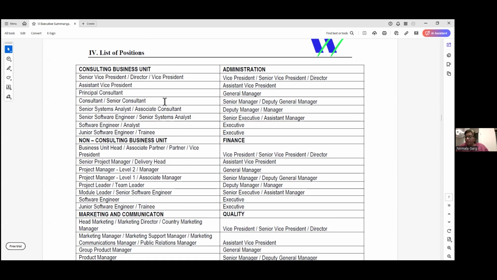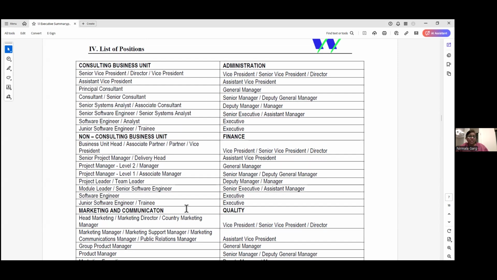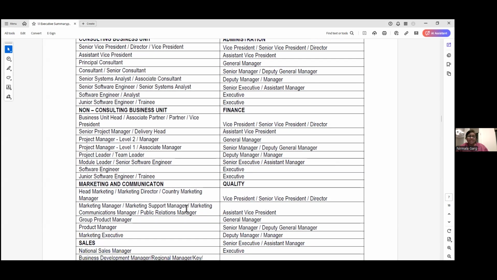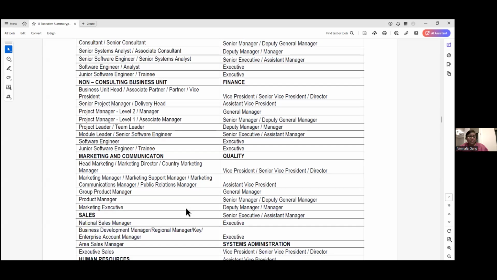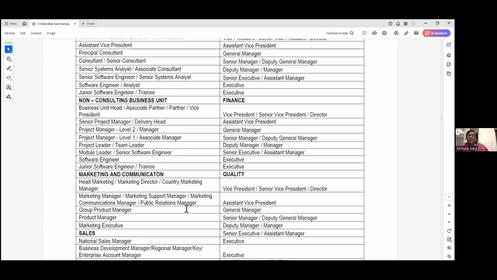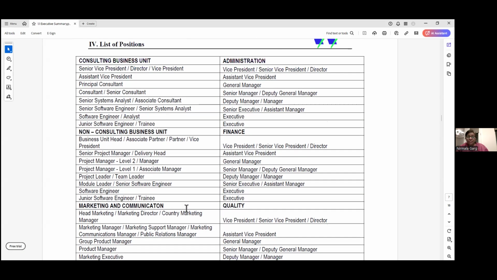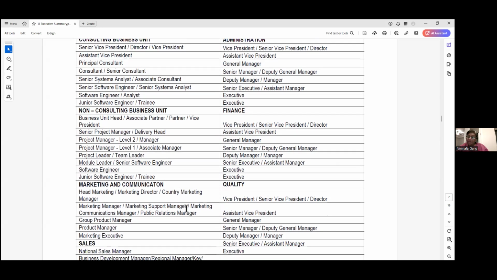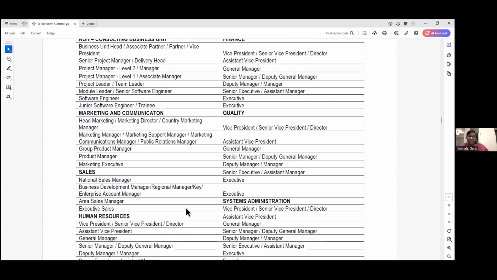Job families and job functions are almost the same. Like, for example, consulting business unit is one job function here, or job family; non consulting business, marketing and communication. If you can see, I think even sales is here. Human resources is also here. Then you have administration, finance, quality, systems.